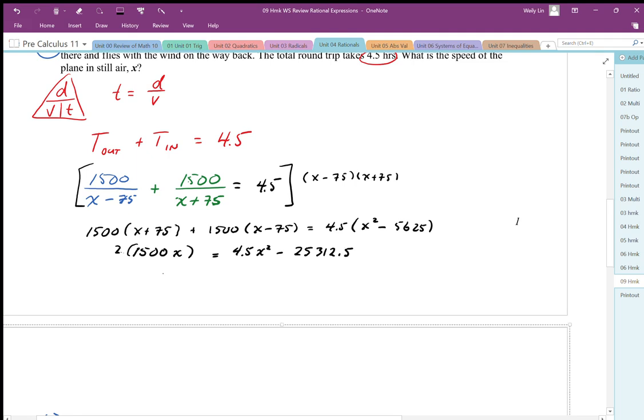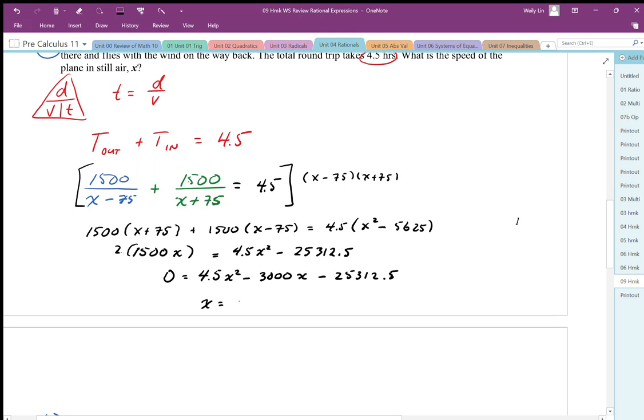I'm going to make that equal to 0, so 4.5x squared minus 3,000x minus 25,312.5, and then I'm just going to plug this into the quadratic formula.